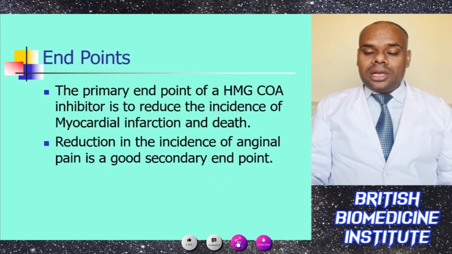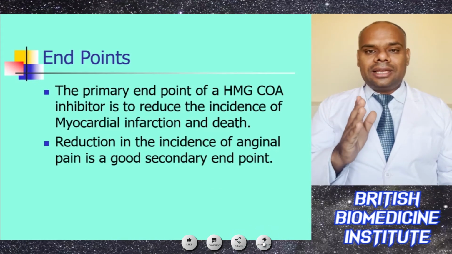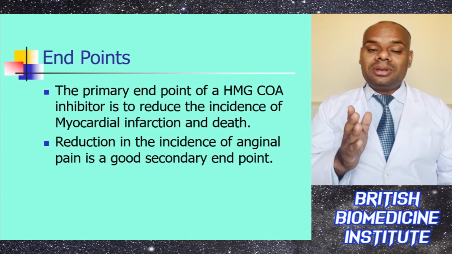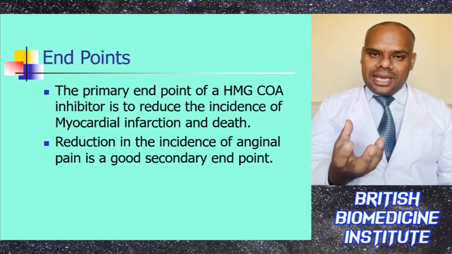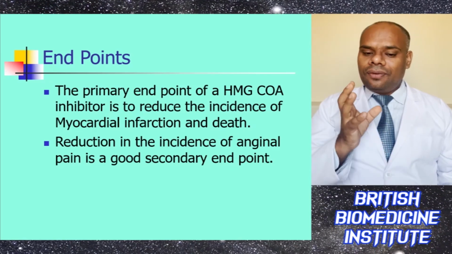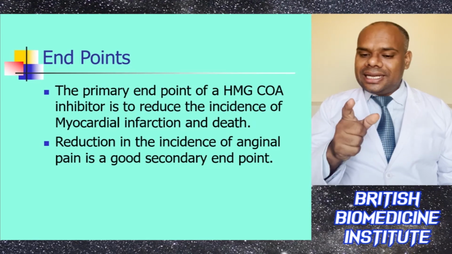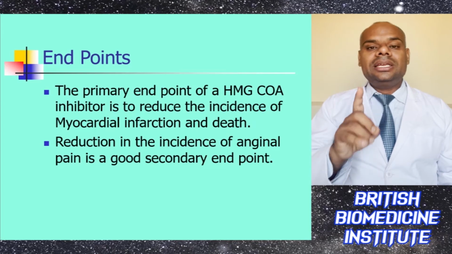So here is an example. The primary endpoint of an HMG CoA inhibitor is to reduce the incidence of MI, myocardial infarction, and death. And if there is a reduction in the incidence of angina pain, then it will be our secondary endpoint.